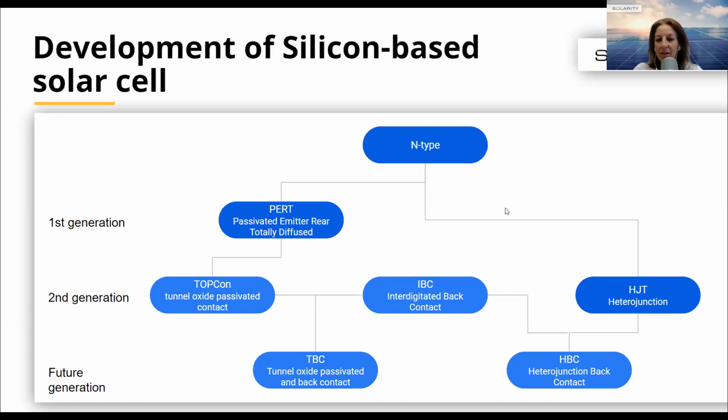The main difference between Topcon and heterojunction is that for Topcon, manufacturers can use their current technology, their current machines, but for heterojunction technology there has to be a renovation. Totally, they have to reconstruct and rebuild their factories.